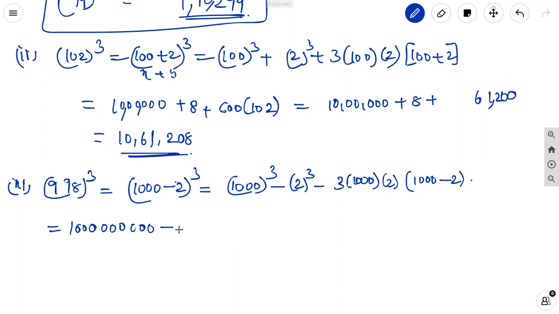Minus 2 cube, that is 8, minus 3 into 2 is 6, into 1000, 6000, into 998.